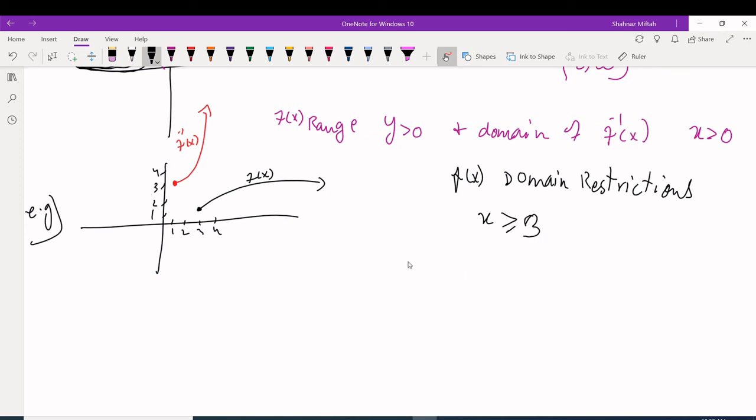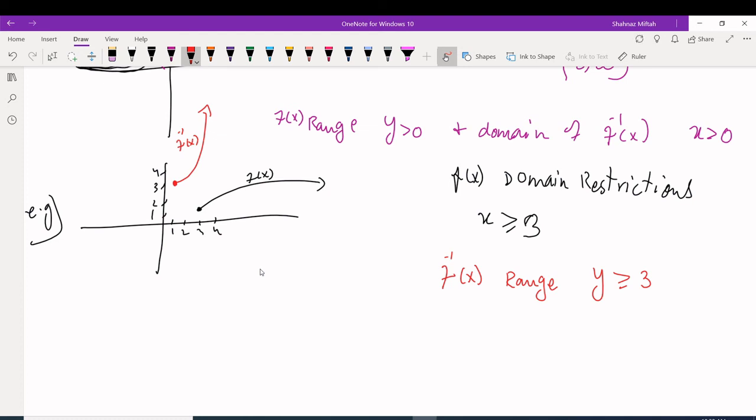That's what it is. Now, if they are asking about the f inverse, if I have the domain of the original, then this is going to be the range of the inverse. So it's going to be greater than 3. And you can tell from the graph that's what it is.